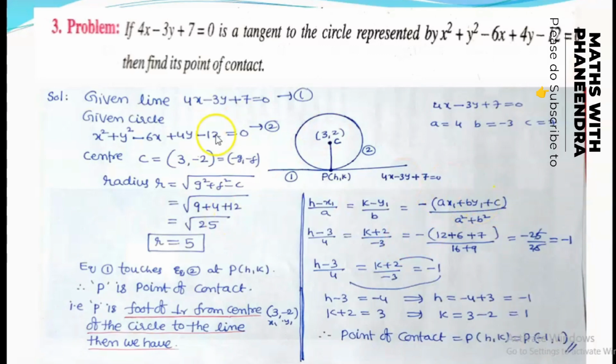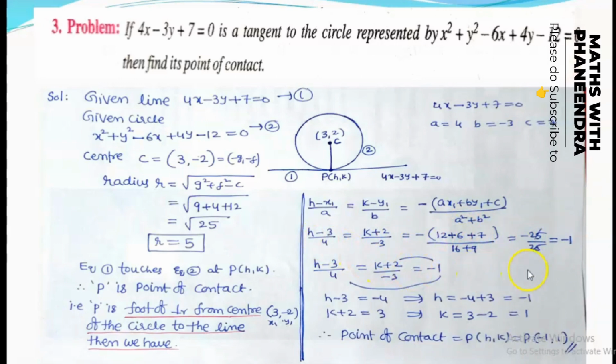In this line, wherever x comma y is there, substitute 3 comma minus 2. So it becomes 4 into 3 minus 3 into minus 2 plus 7, that is 12 plus 6 plus 7, so 25. It becomes 25 by 25 with the minus sign. So 25 gets cancelled, giving minus 1.